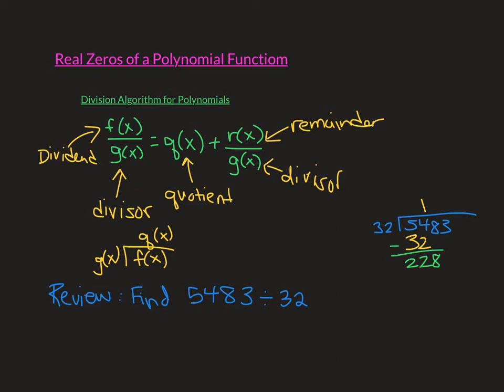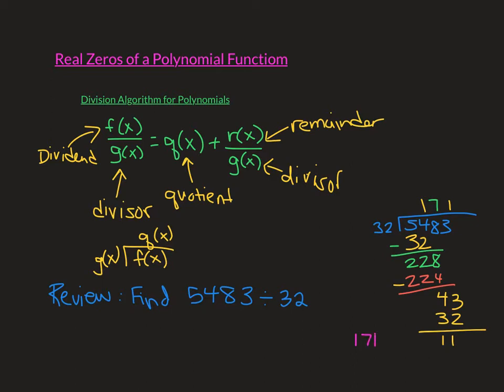I'm actually going to work through the entire thing on my own. If you want to, you can just fast forward until the very end. You probably know how to do this, but I just wanted to draw a parallel to what we're going to be doing in just a second. So our final answer is 171 with a remainder of 11.